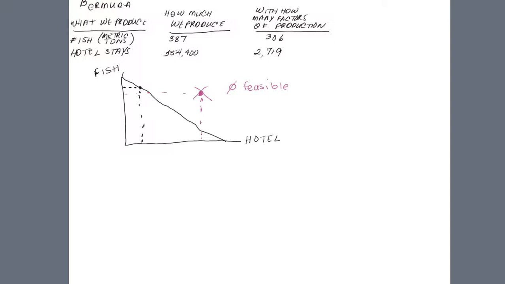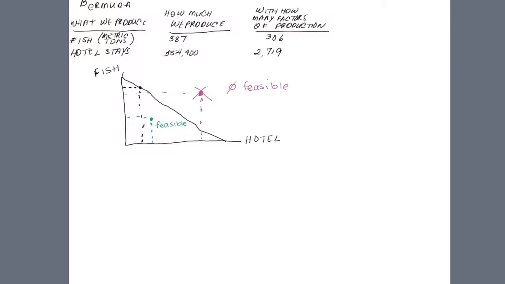Inside the triangle here, so let's say we have a production point here of this many hotel stays and this many fish. This is feasible. We can produce it, but it's not efficient. And the reason why is because from this point, I can produce more of either good without losing any of the other good.